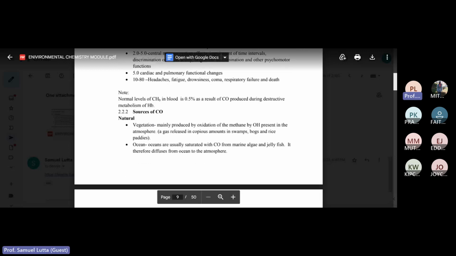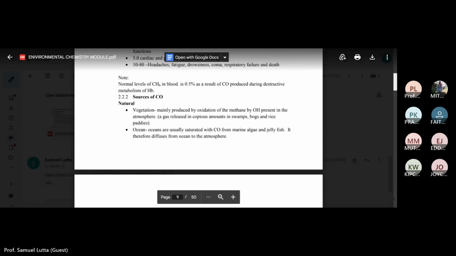The sources are given: incomplete combustion. When you have incomplete combustion of organic compounds, you are likely to produce carbon monoxide. We saw that it's possible for oxidation to occur by the presence of hydroxide ions. When you have the hydroxide ions, they can combine and oxidize, and the products we get are from incomplete combustion of the organic compounds.